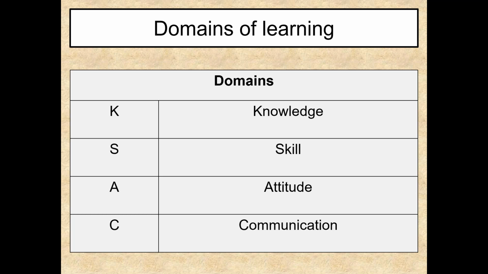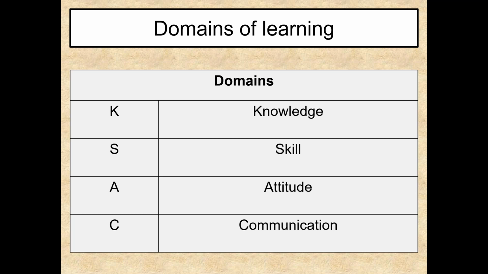And we need to understand that when you take one competency, it is an amalgamation of different objectives forming a competency, but these objectives can be from different domains. So a competency is an amalgamation of different objectives derived from different domains.